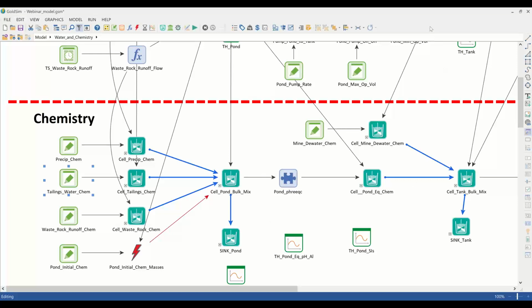But if you wanted to do that here, you can see by the fact that what I did was I actually separated out, and right now I'm showing the chemistry portion of this model. By putting in the sink here, I basically sent all of the chemistry down here out of this bulk mixing cell. And so coming into here is just basically this mix. So you have the equilibrated concentrations here. If you actually wanted to determine how much precipitated, you'd have to take the chemistry from this one.